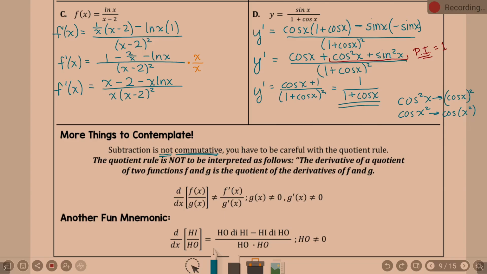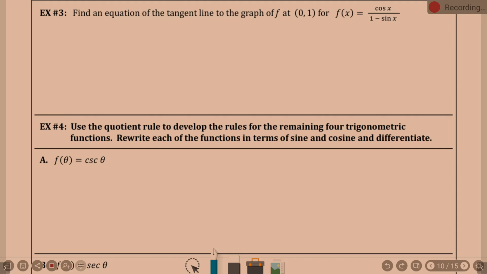What's in the top of the next page? What are we going to have to do on this one? Let's find an equation of the tangent line to the graph of f at 0, 1 for f of x equals cosine x over 1 minus sine x. We're going to find the derivative. You need the derivative in order to write the equation.